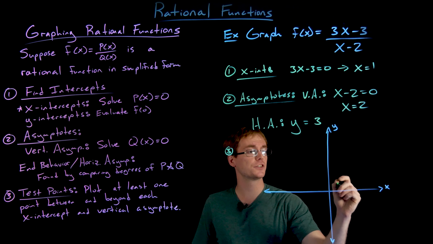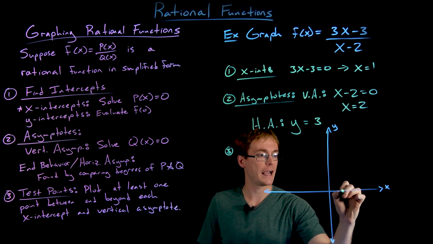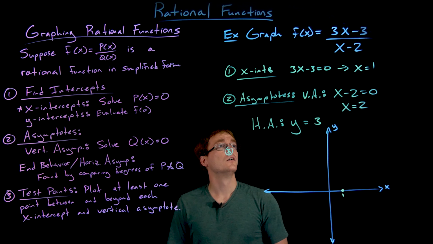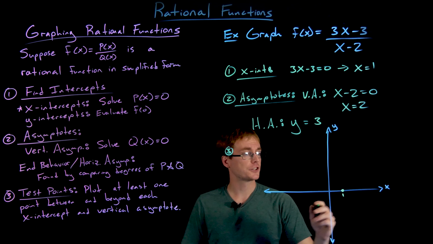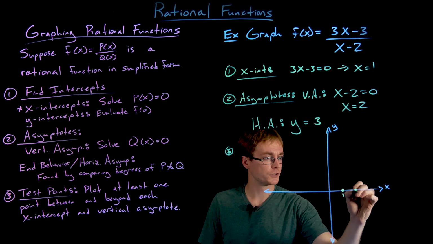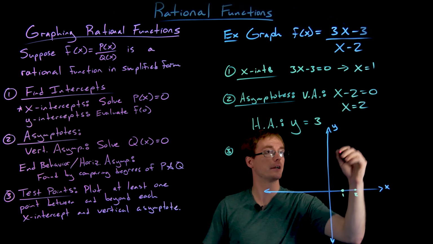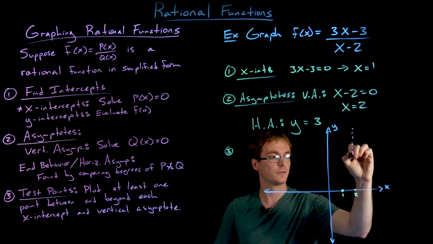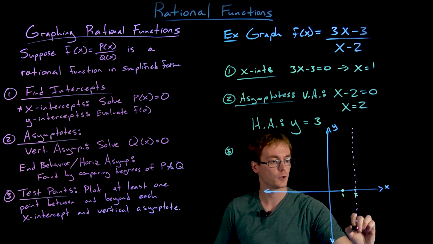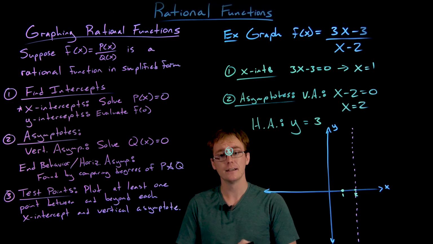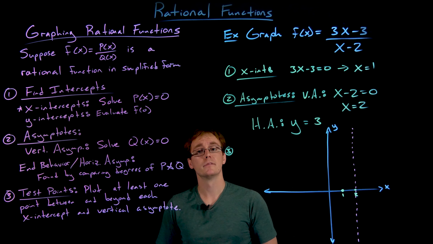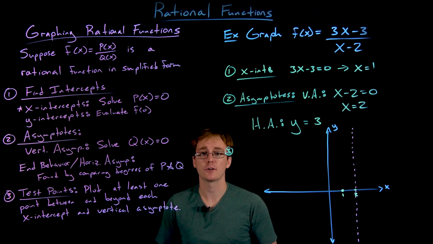So we know our x-intercept is occurring at x equals 1. We have a vertical asymptote at x equals 2. Remember, a vertical asymptote will cause our function to approach positive or negative infinity depending on the direction, and our function will never cross a vertical asymptote.